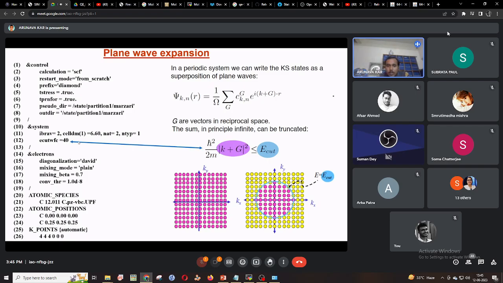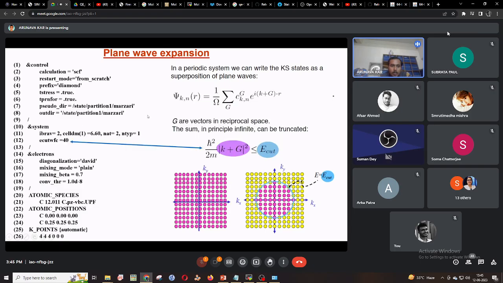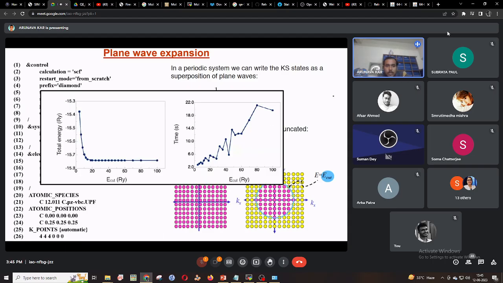For this, I'm just showing this is the total energy of a calculation, plotted against different cutoff energies. We are changing the cutoff energy and trying to see when the system converges with respect to the total energy.